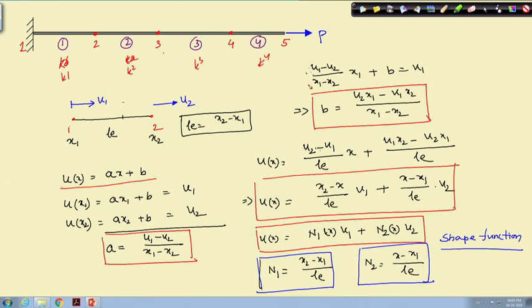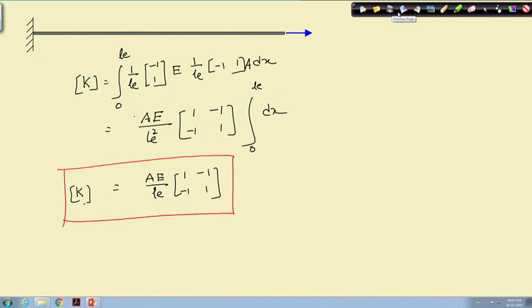So we have 4 stiffness matrices, but the only difference is that for different stiffness matrices, your x1, these coordinates, will be different, and eventually your length will be different. You get this stiffness matrix. Now, this stiffness matrix corresponds to, if you recall, U1 and U2.